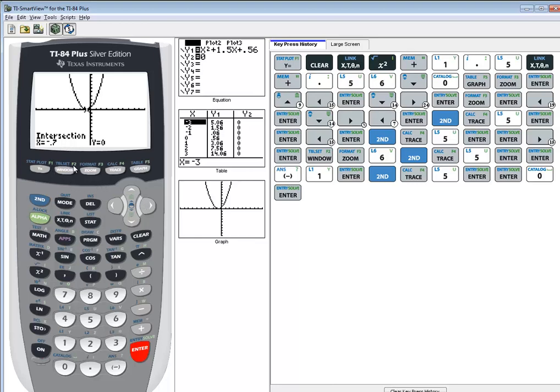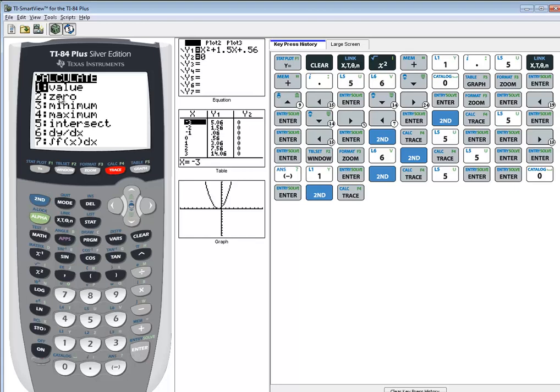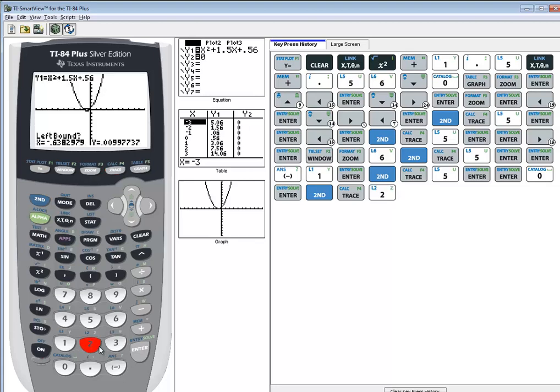There's another way of doing these. It's a little bit harder if you have a hard time seeing what's going on with your graph. It's a second trace, and we were using the intersect, but there's also the 0. So if I push there, choose that, it comes up and asks me for a left bound. I move my mouse to the left of where I think the answer is, and you press enter.